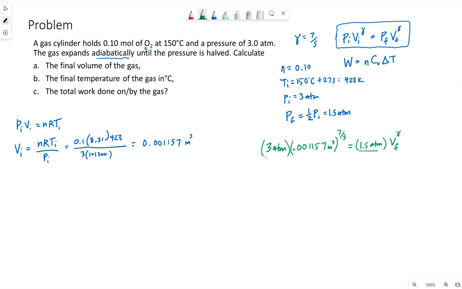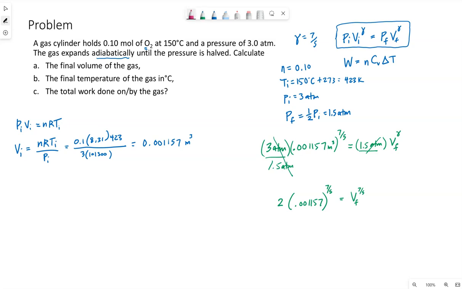So when I divide this by 1.5 atm, these units are canceling. So I essentially end up with 2 times 0.001157 to the 7/5 equaling V final also to the 7/5. The units on those pressures cancel. Had we converted to pascals, they would have canceled as well.